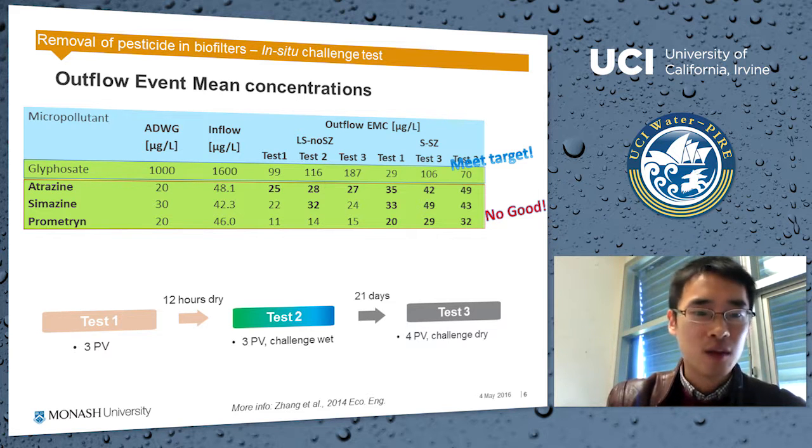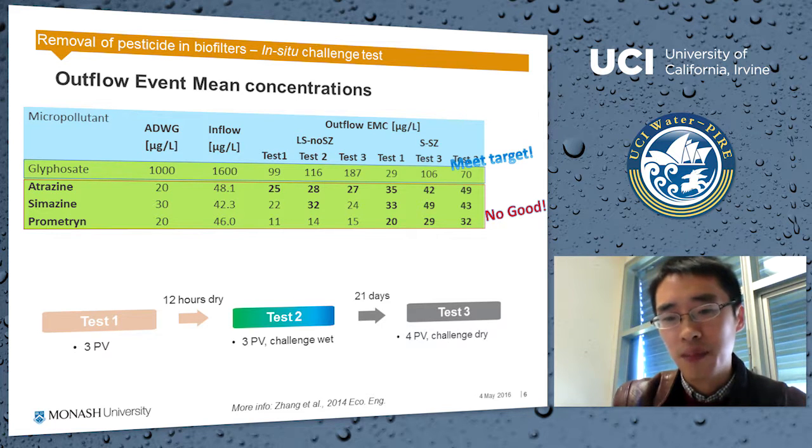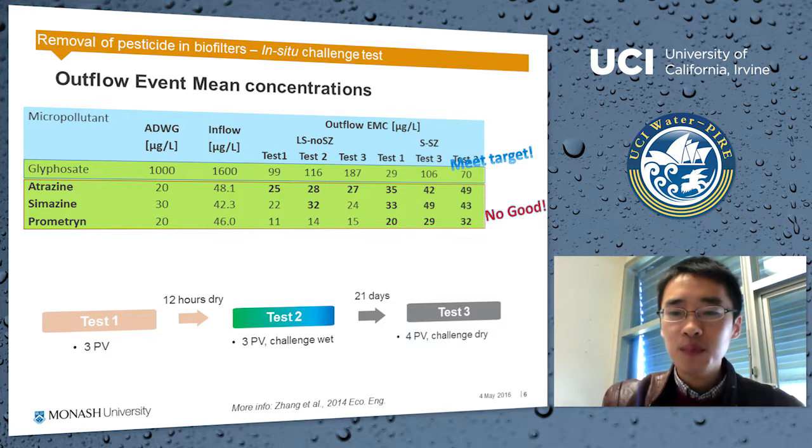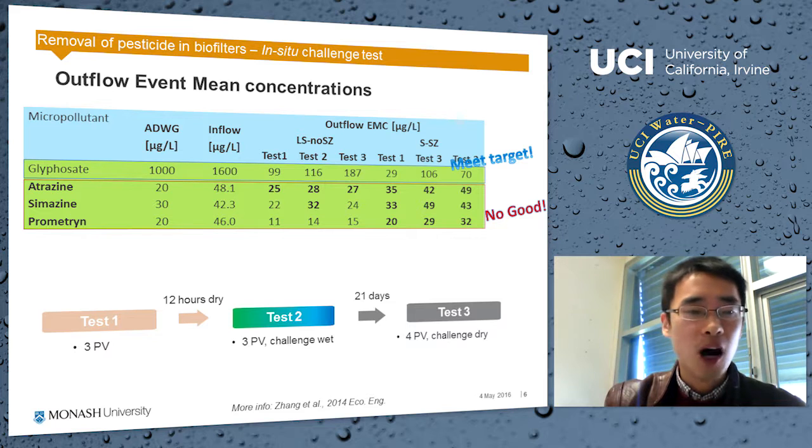Test 1 was done under normal conditions with a very challenging volume, and test 2 mimicked a very challenging concentration with only 12 hours of dry period. Test 3 was done after 21 days following test 2, in which we also dosed a very high volume of inflow. So test 3 is basically a very challenging dry condition.